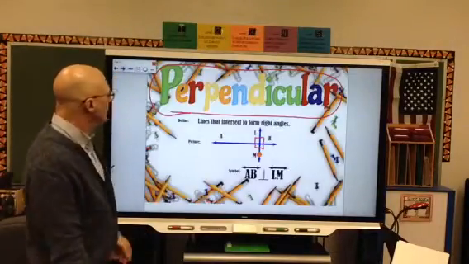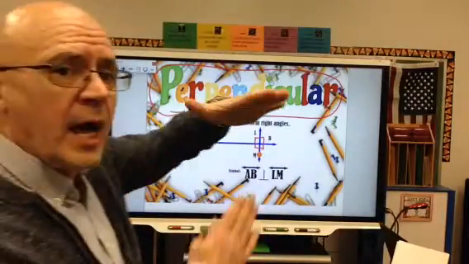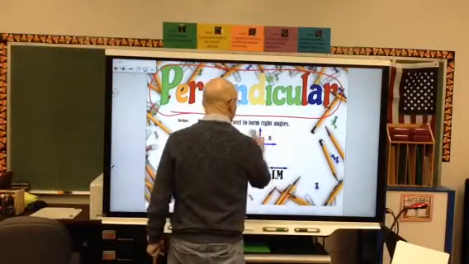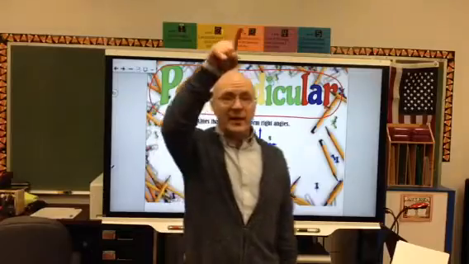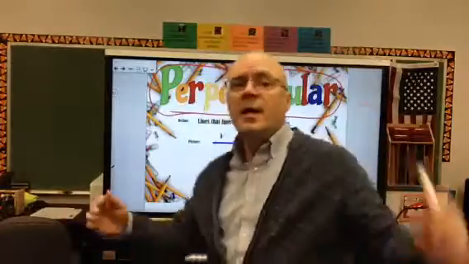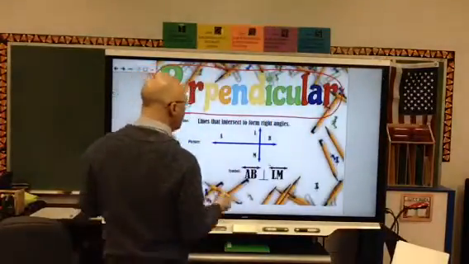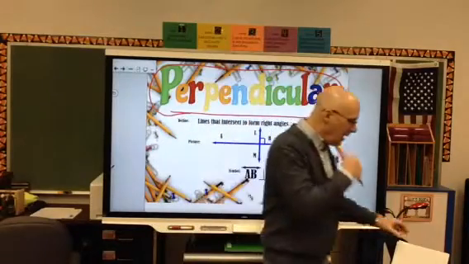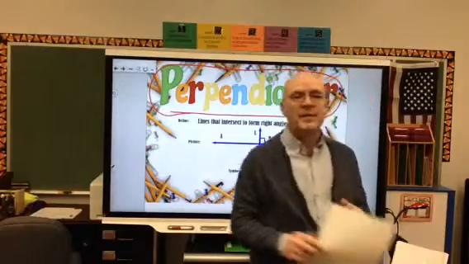Then we also talked about perpendicular. Perpendicular is when two lines form a right angle. Now, a right angle is perfectly straight up and straight over. Now, that can be angled, but it's a 90-degree angle, and they notate that with a little square, like this. So, I could take a piece of paper, and each corner of this is a 90-degree angle. Now, I could turn it like this, but it's still a 90-degree angle, right?